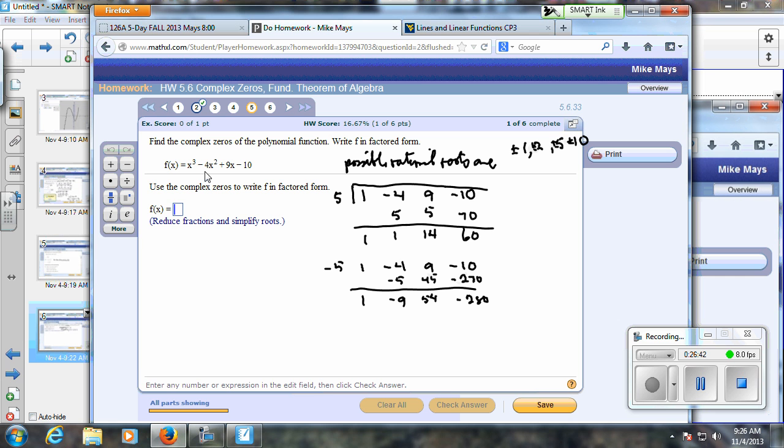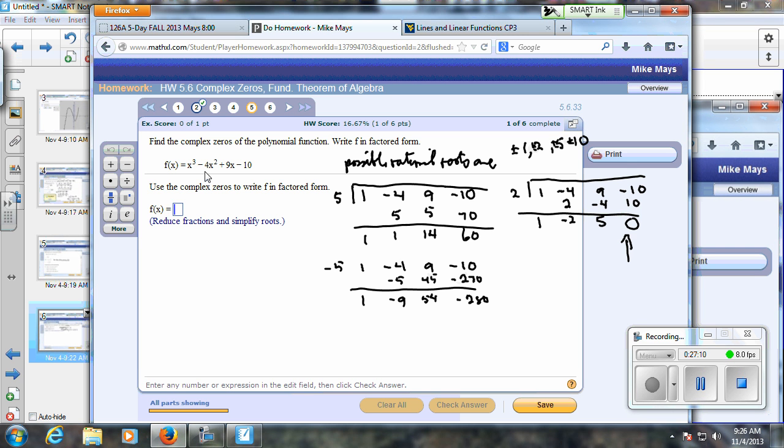Let's try plus 2: 1, minus 4, 9, minus 10. Try dividing it by 2. 1 times 2, and add, times 2, and add, times 2, and add. Ha! Bingo! End up with 0.